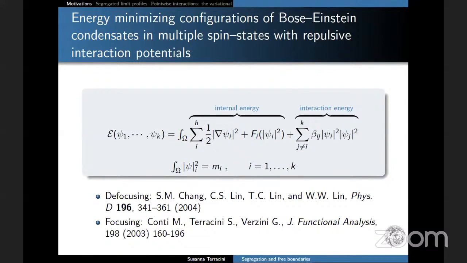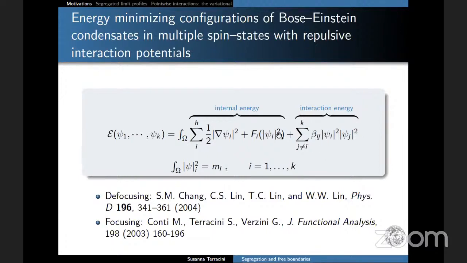of interest in Bose-Einstein condensation in multiple spin states with a repulsive interaction potential. In that case, there is an energy which is minimized by our wave functions psi_i, and the energy has an internal part plus an interaction energy with b_ij again positive numbers.